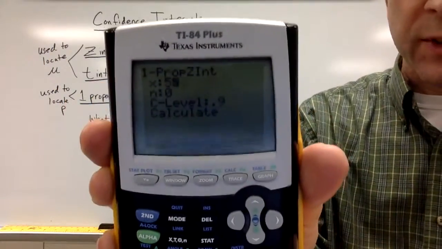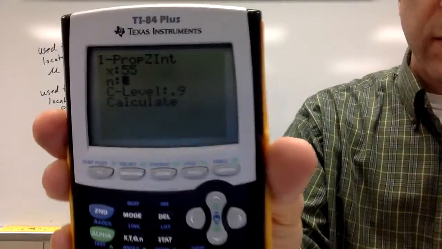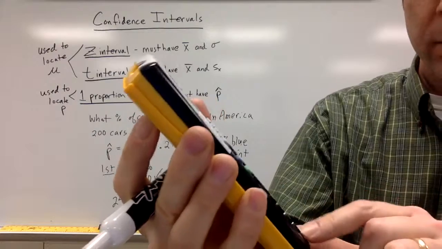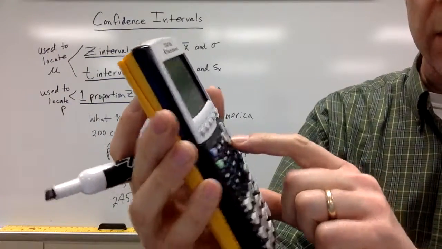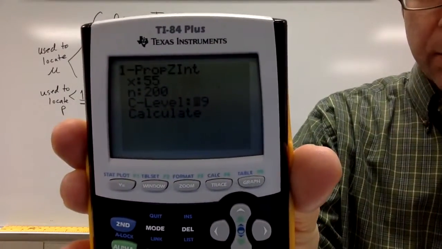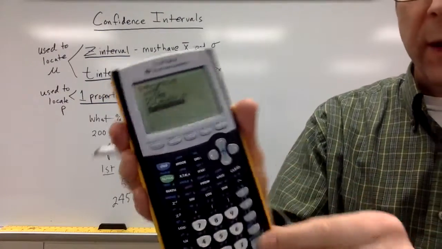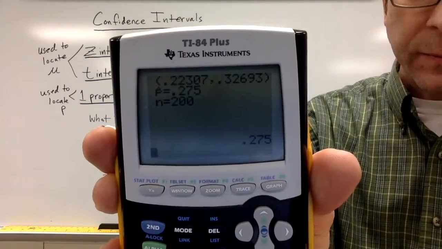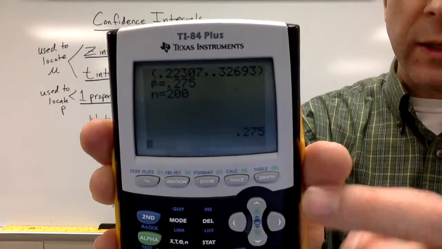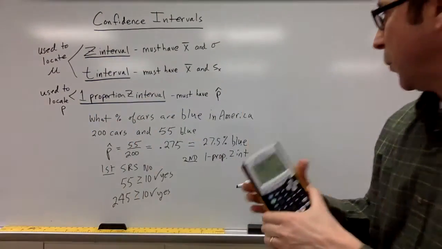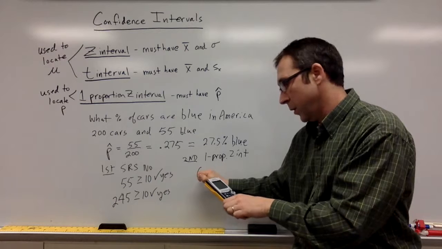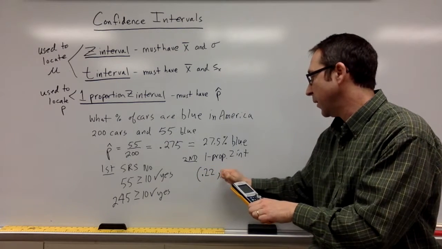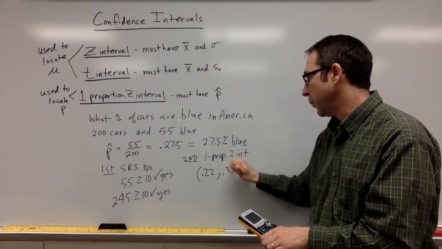You don't type in the percent, you type in the number. How many cars total did we have? 200. And if I use a confidence level, again, 90%, I would hit calculate, enter, and it actually gives me the confidence interval, someplace between 22% to 33% of cars in America are blue.